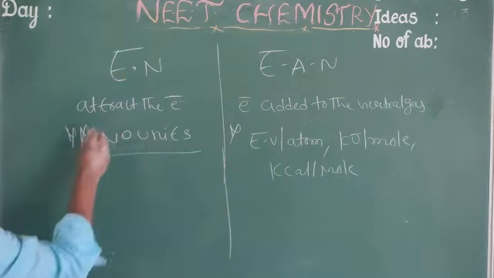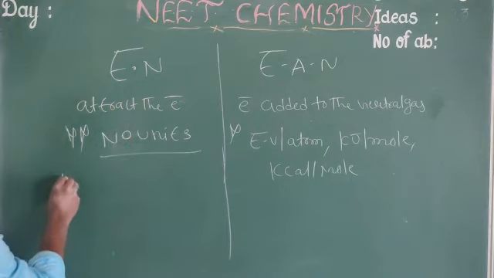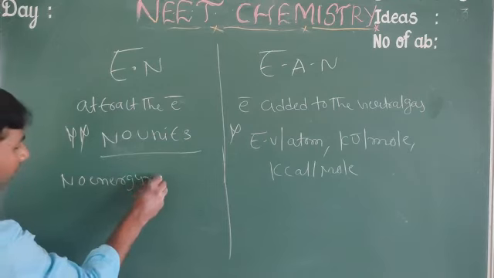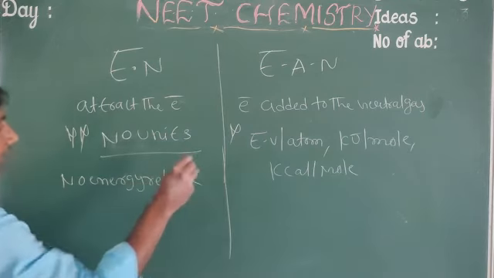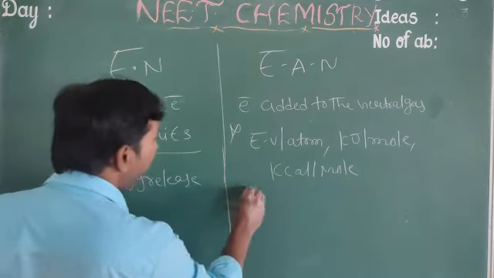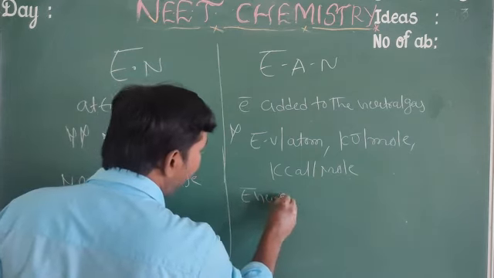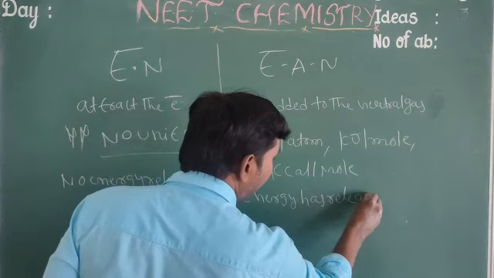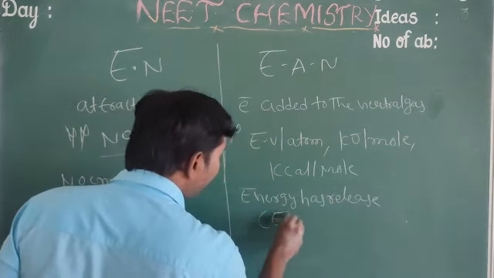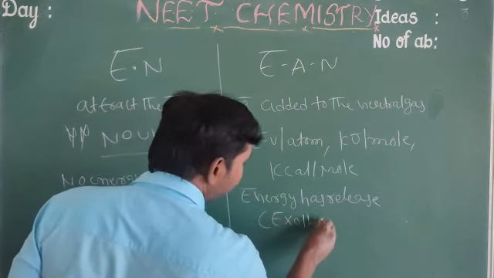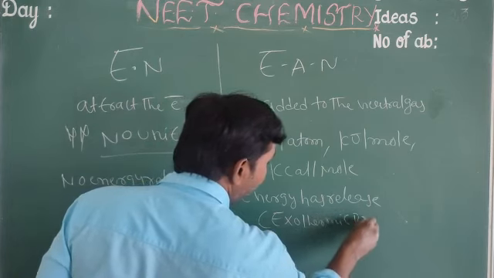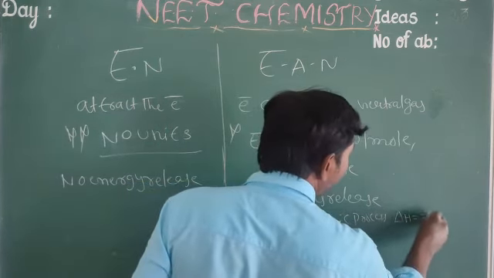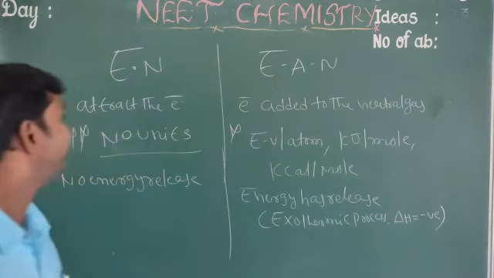Okay, next. In electronegativity, no energy is released. Here energy is released. This is an exothermic process. The enthalpy is always negative.